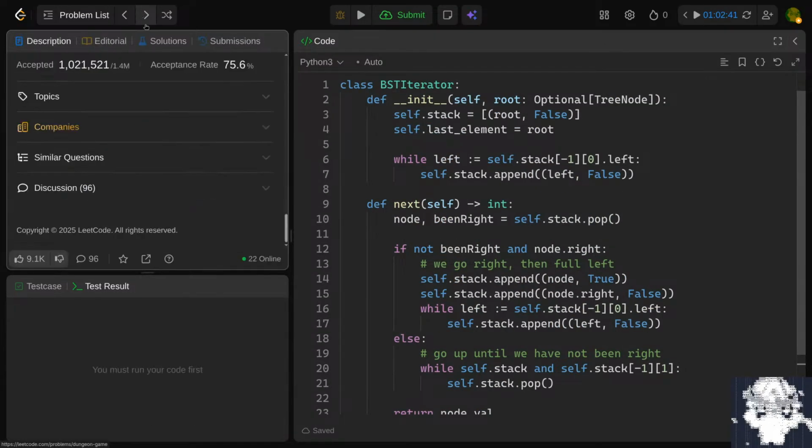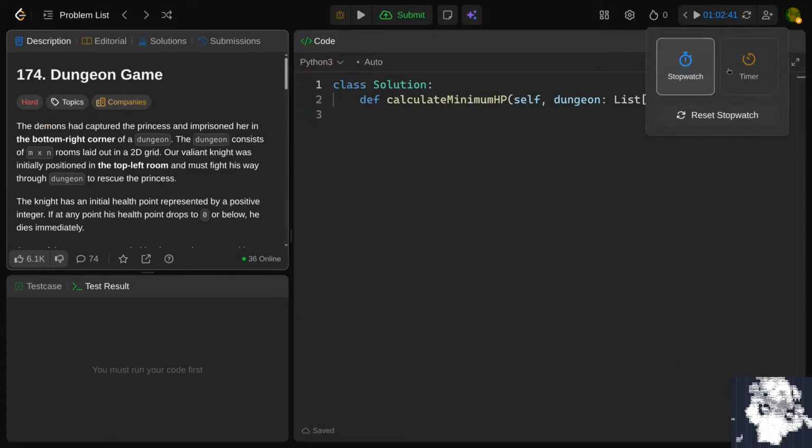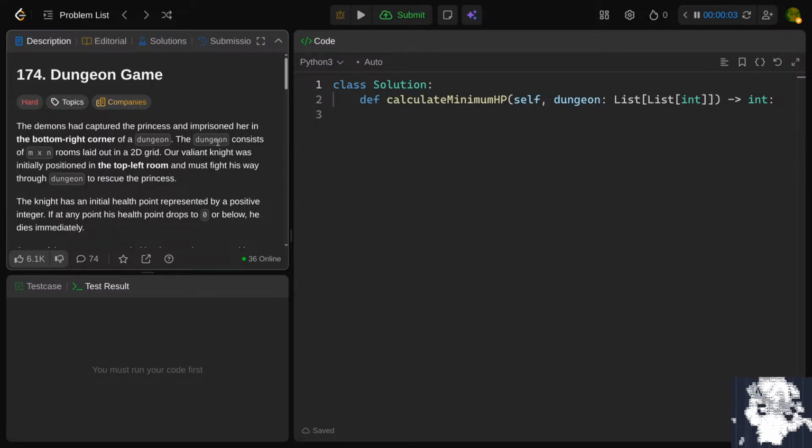Next problem. Number 174, Dungeon Game, Hard. The demons had captured the princess and imprisoned her in the bottom right corner of a dungeon. The dungeon consists of M by N rooms laid out in a 2D grid.